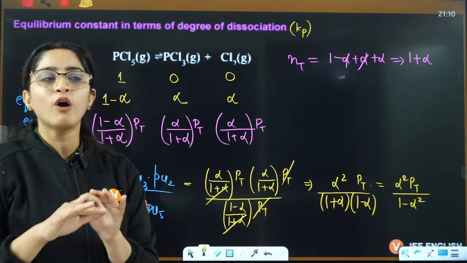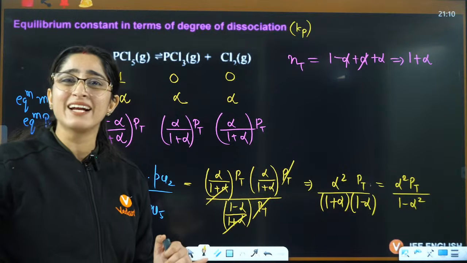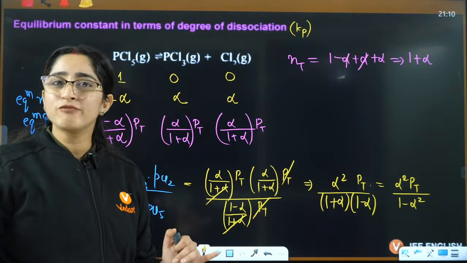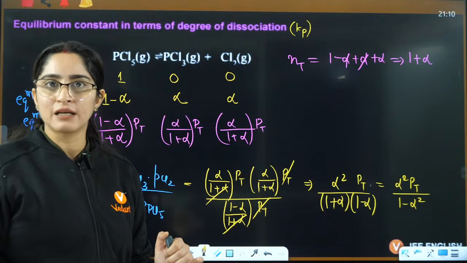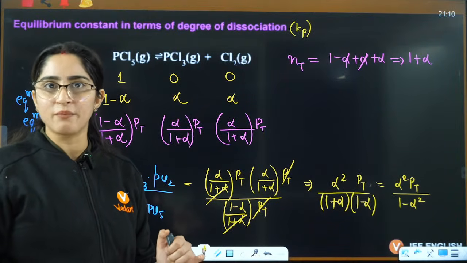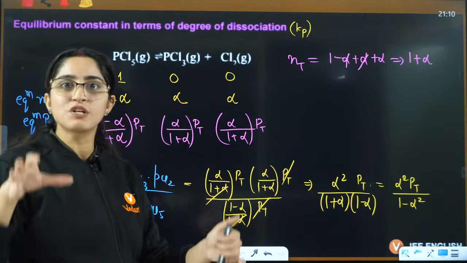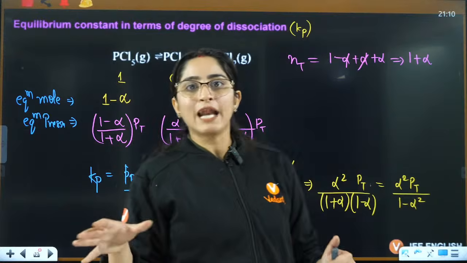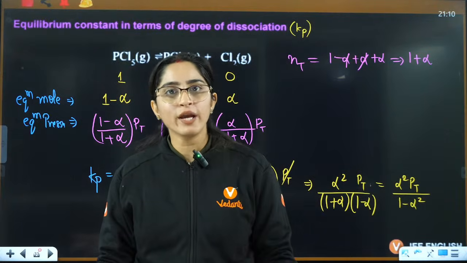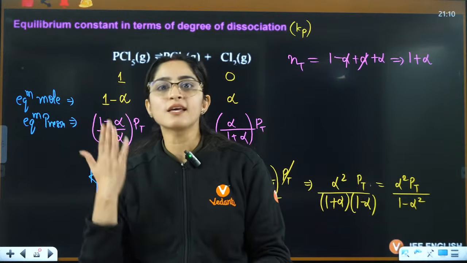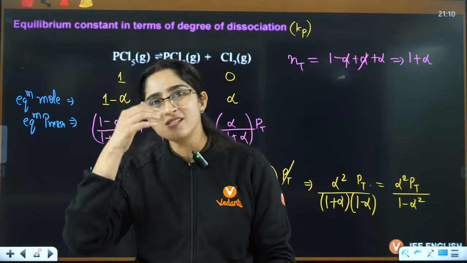You're thinking, ma'am, in one go only I want to understand everything. Great scientists also, in one go they were not able to find the correct true values of the experiment. You have to do things again and again. If you're falling into this journey of JEE Mains and you're getting depressed because of one topic, then every single day you will feel depressed, right? So you need to take these thoughts out of your mind.